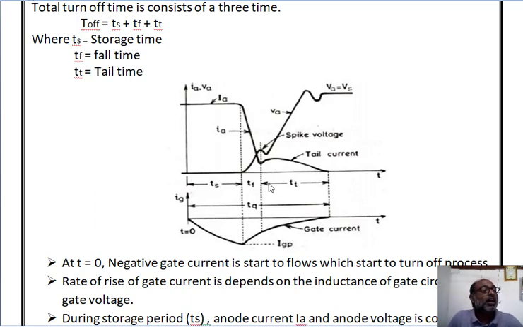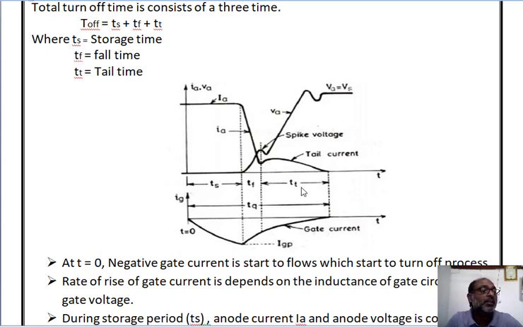Now, after the end of this fall period, here you can see a high voltage spike occurs due to the change in current. Now after the fall time comes TT, the tail time.